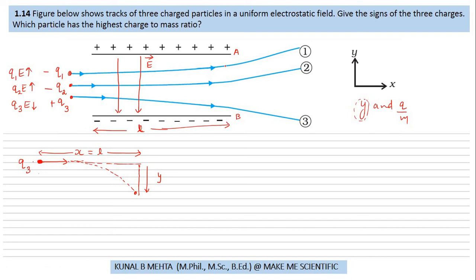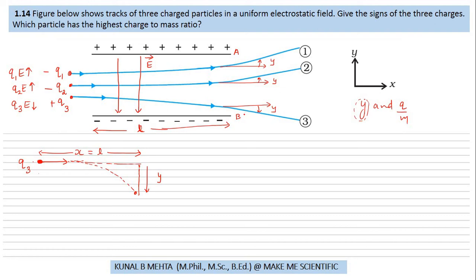Now guys, if you look carefully, these all three charges were supposed to go straight. If there would not have been any kind of field, these charges would continue to go straight. But now since there is a field, they are deflecting from their original path, and the deflection is noticed along y-axis.